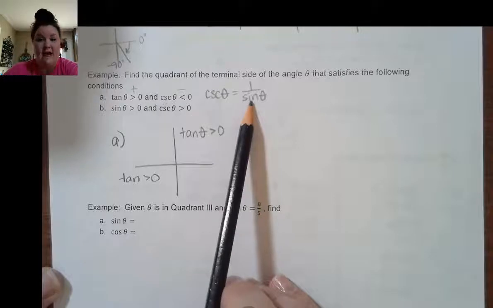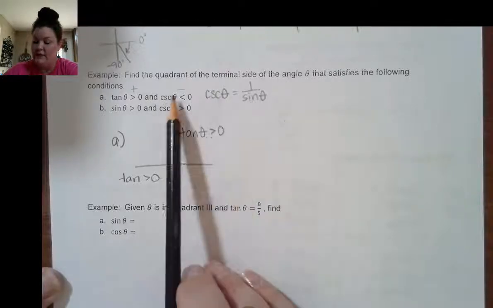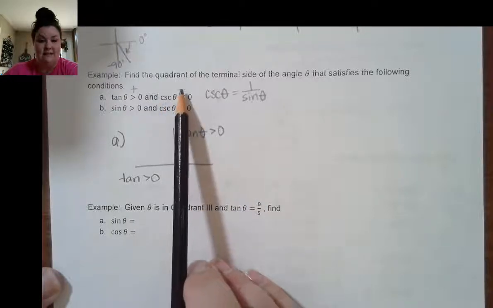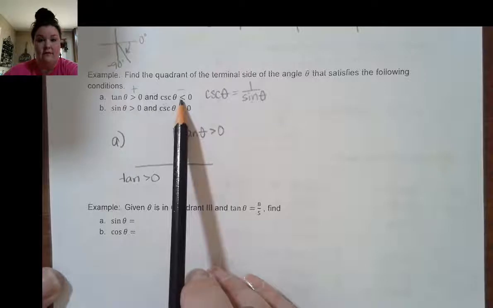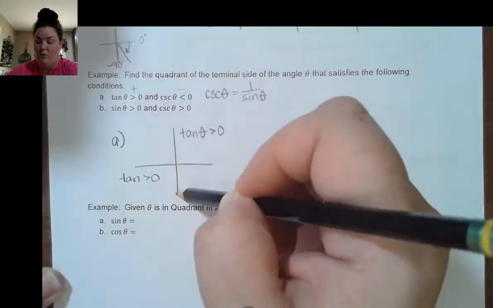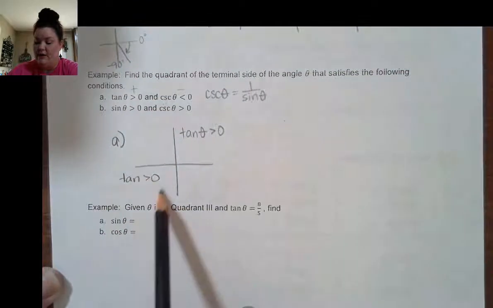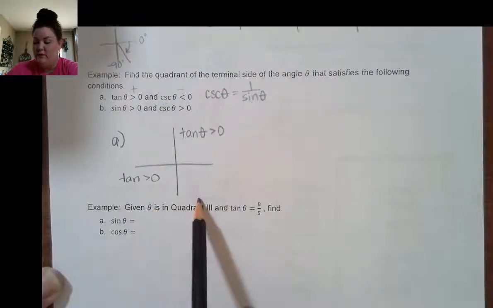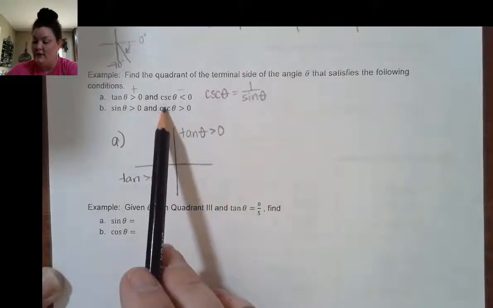And sine has to do with y values, right? So I basically want to know, where are my y values going to be less than 0 or negative? So this is my y-axis, right? So negative y's happen down here in quadrant 3 and over here in quadrant 4. So I'm going to write that last stipulation there, okay?